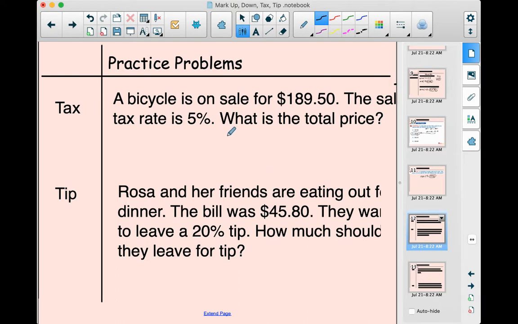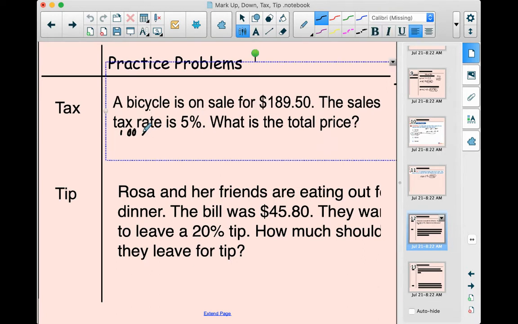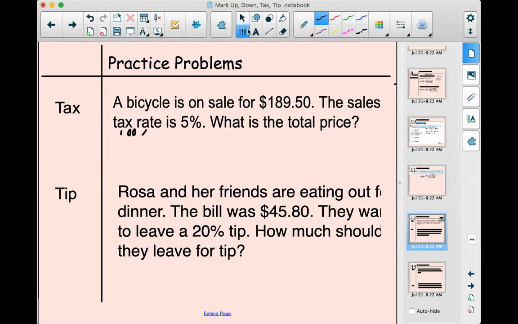All right. So if the tax rate is 5%, that's added on to what I pay. So 100% plus I'm paying an extra 5% for tax means I'm paying a total of 105%. So I want to know 105% of this number. So 189.5, if I multiply by this percent as a decimal, that's 1.05.